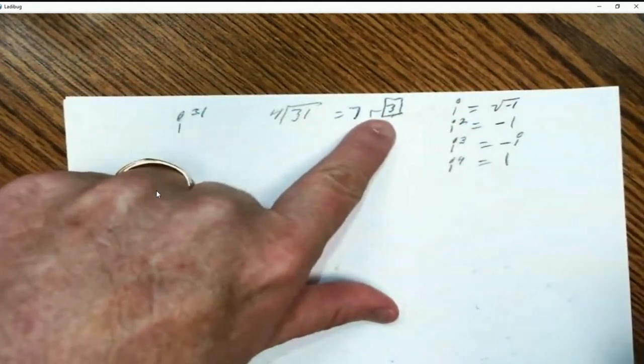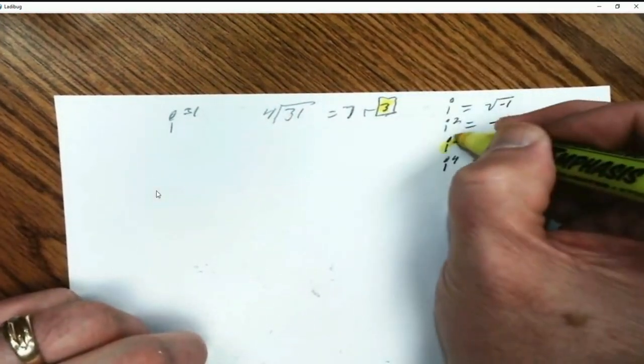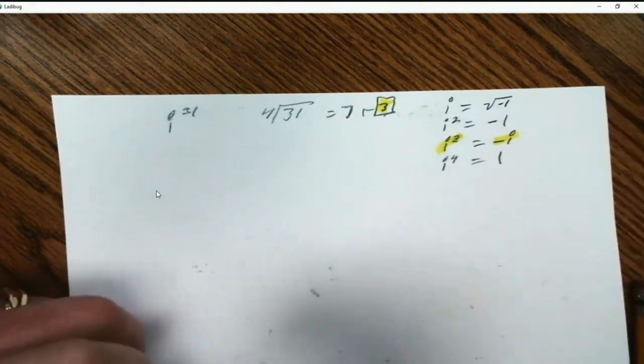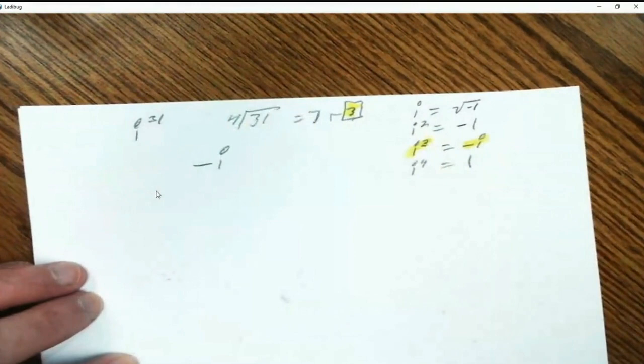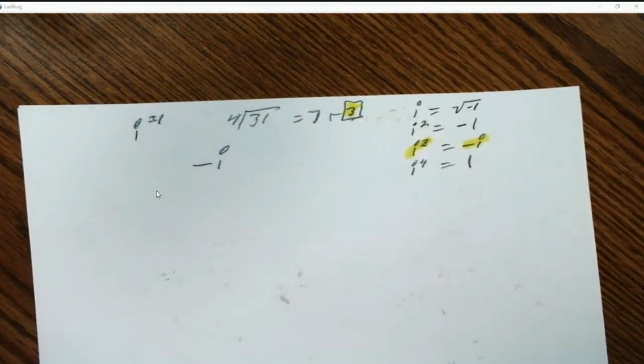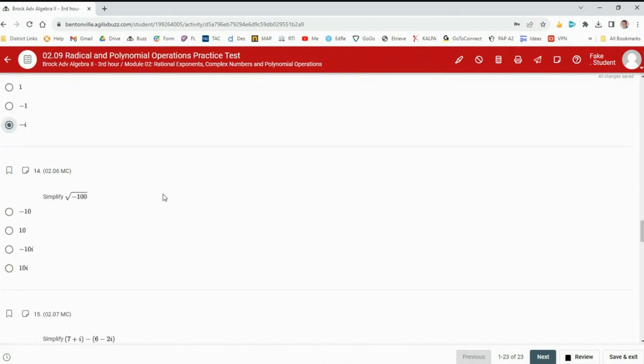And if we know what the remainder is, the remainder is 3, so it's the same as i to the third, which means this simplifies to negative i. Negative i, right there. It's our fourth choice. There's the possible ones you could have: i, 1, which is all the ones that are multiples of 4, negative 1, we have a remainder of 2, and then negative i.